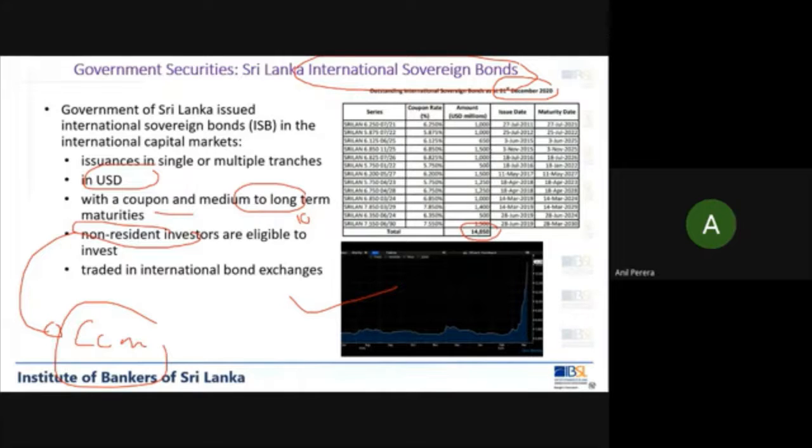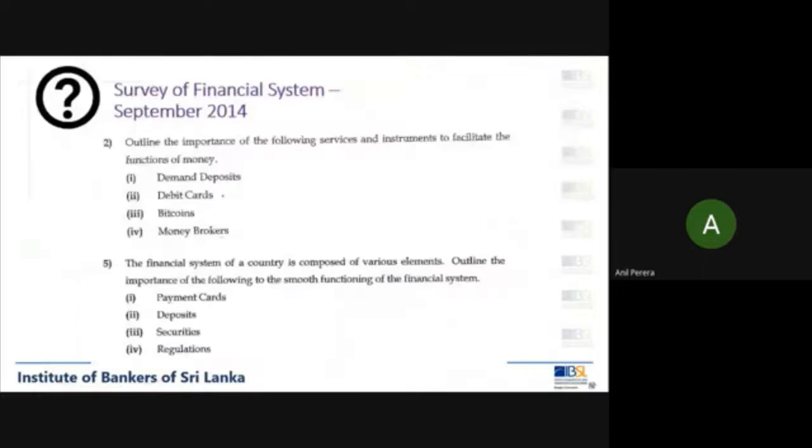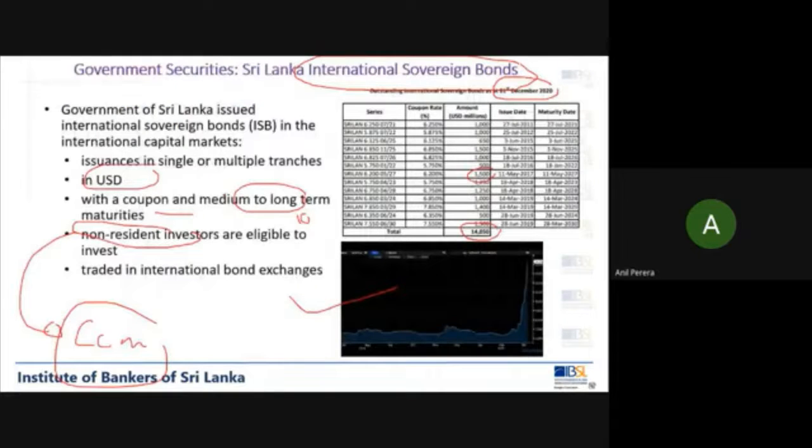So the maximum amount we have issued is 1.5 billion at a time. Okay. Any questions up to this point? Anything to be clarified?